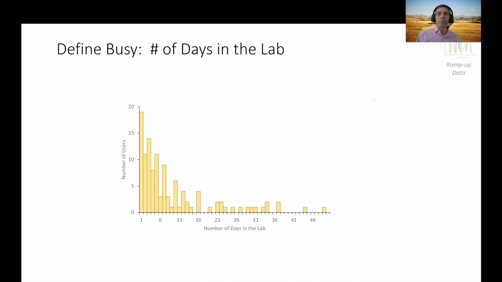Obviously, you see a lot of light users, people coming in once or twice, 3 times perhaps, to do a specialty step, maybe characterize something, maybe deposit a thin film, and then go back to the research group and continue their work there. But you also see a couple of heavier users, and at the upper end here, someone who in the 71 possible days since we started reopening was in the lab or utilized equipment for 49 out of 71 days.